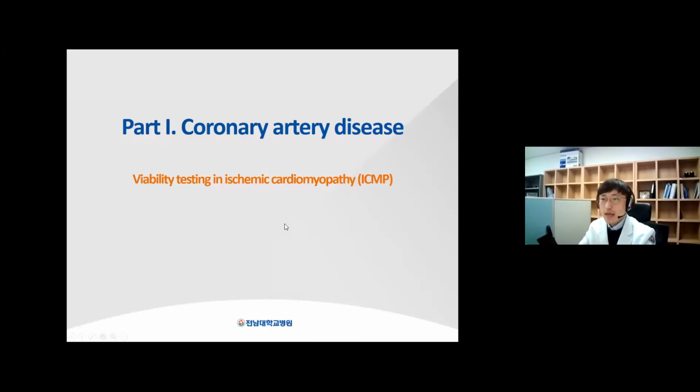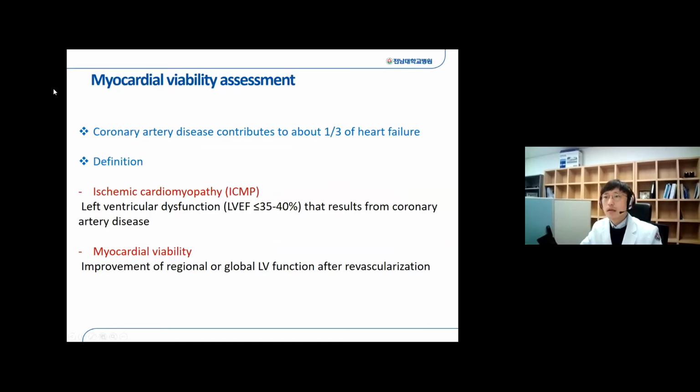Okay, the second topic is about viability testing in ischemic cardiomyopathy or ischemic heart failure. Coronary artery disease contributes to about 1/3 of heart failure. The definition of ischemic heart failure or ischemic cardiomyopathy, ICMP in short, is left ventricular dysfunction that probably results from coronary artery disease.